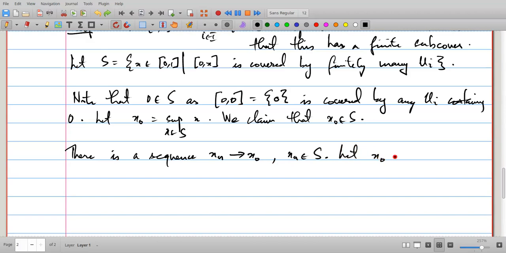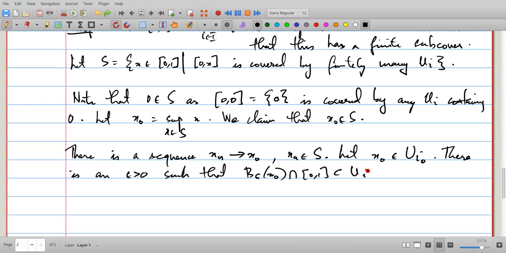So let x naught be in some open set U_{i_0}. So there is an epsilon positive such that B_epsilon(x naught) intersected with [0, 1] is contained in U_{i_0}.